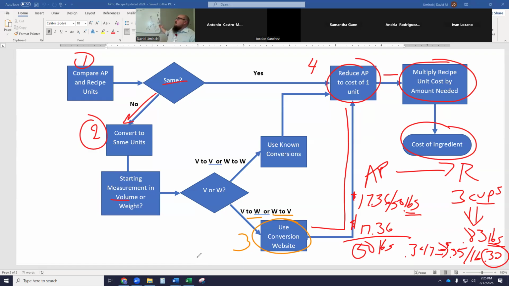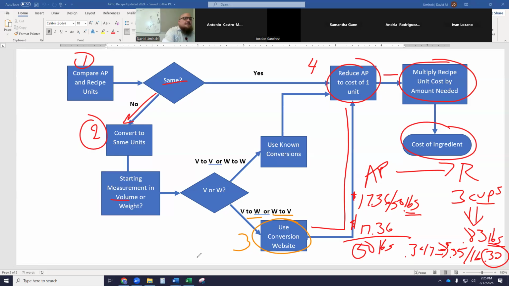So the 50 pounds cost me $17.36, but 3 cups of those is only actually 30 cents. Questions, comments, concerns about how we utilize this flow chart? What's the final answer you got? 30 cents? Oh, yeah, sorry. Yeah, because I got 0.2905, so we round up to 30 cents.